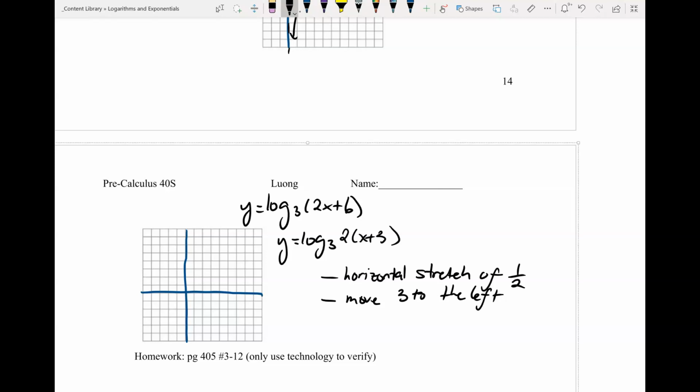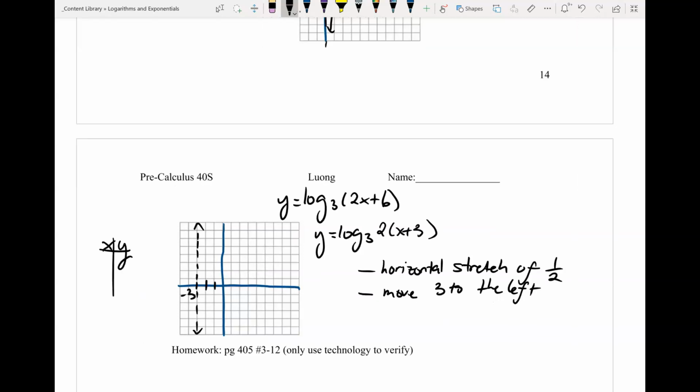So my new asymptote is going to be at x equals negative 3. And then now I can probably use a table of values to help us figure out what the rest of this graph is going to look like, because we still need specific points for this graph at least.